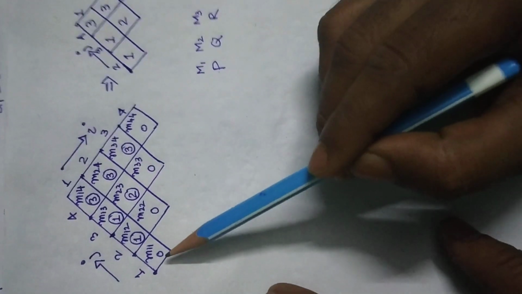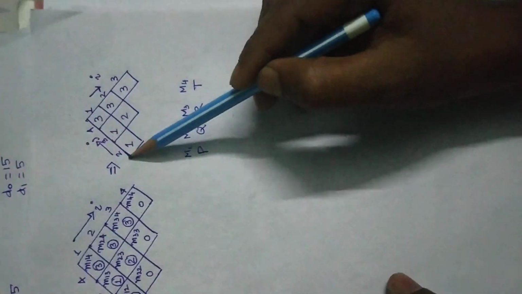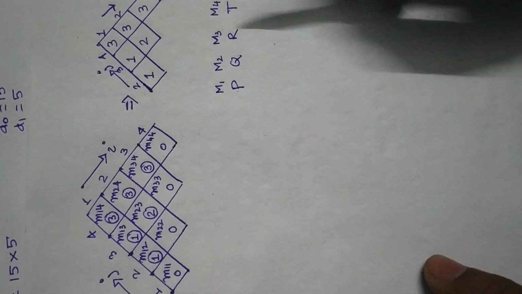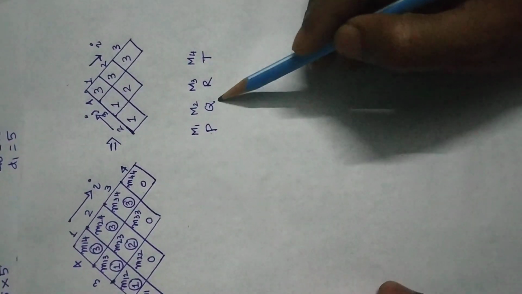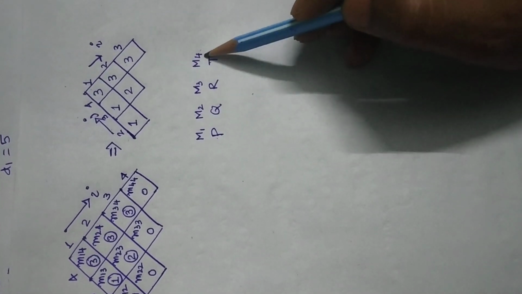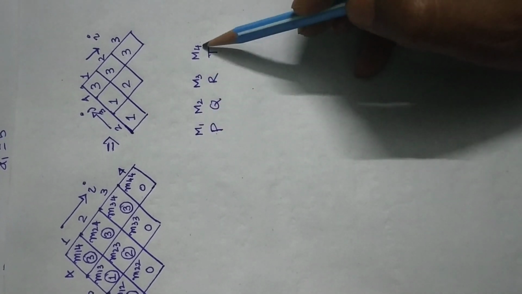After eliminating the zeros, finally you will get an S table like this. Now this problem is for multiplying four matrices P, Q, R, T, or just say M1, M2, M3, M4. So you have to calculate from M1 to M4.